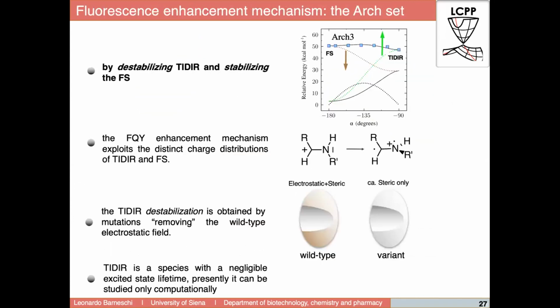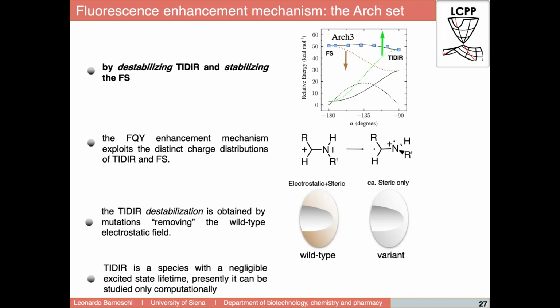Yeah, sure. Basically, we've shown that the fluorescence enhancement mechanism is determined by the differential stabilization of these two stationary points on the potential energy surface of the first excited state, and we are pretty well reproducing the experimental trend in measured fluorescence quantum yield.